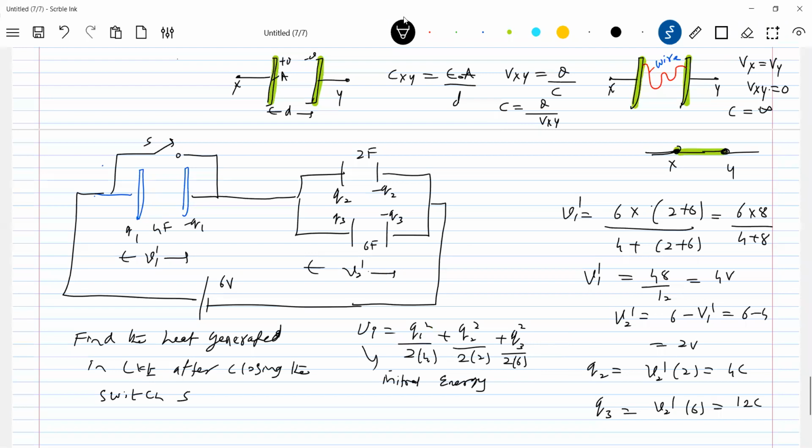Now, after this, what we have to do is, after closing the switch, what will happen to the circuit? What to do with that capacitor, 4 farad? I should replace it with a wire, simply a wire.